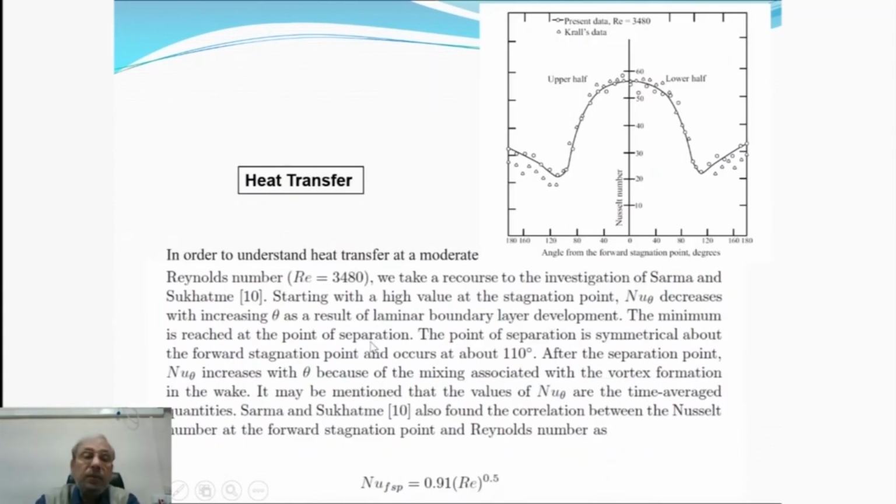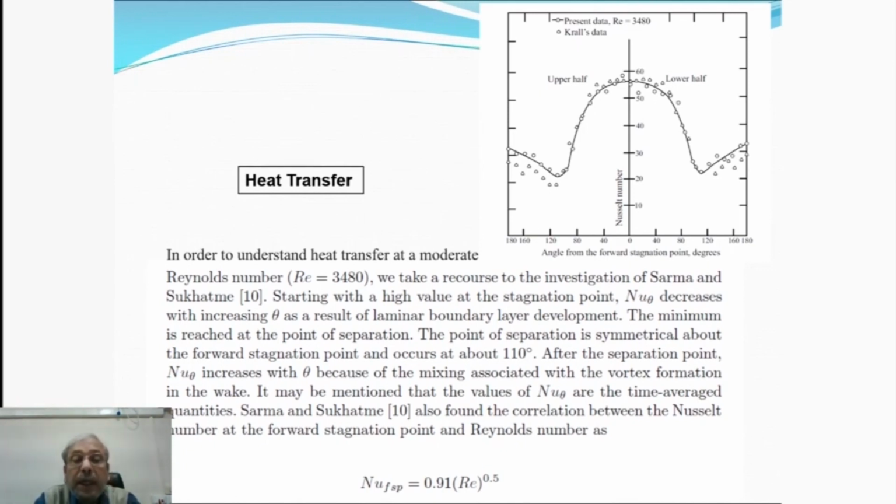Now let us come back to heat transfer. In order to understand heat transfer at a moderate Reynolds number, not a very high Reynolds number, of 3480, we take recourse to the investigation of Sharma and Sukhatme. This experiment was done in IIT Bombay.